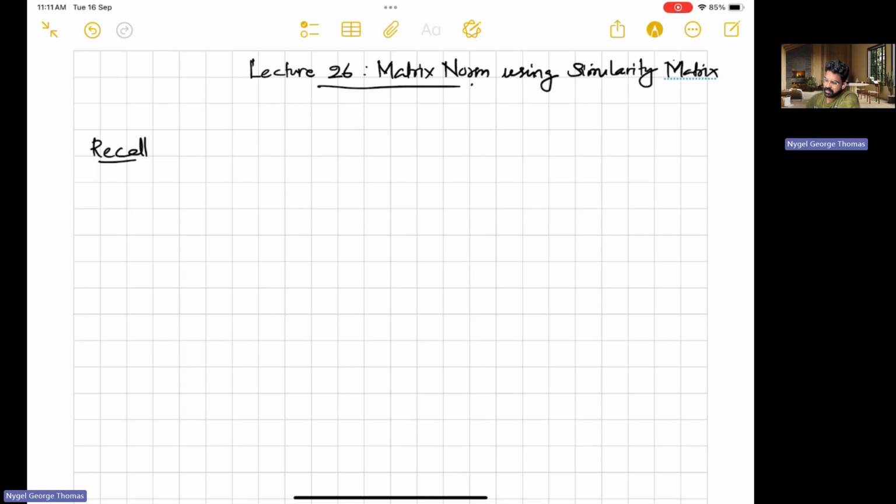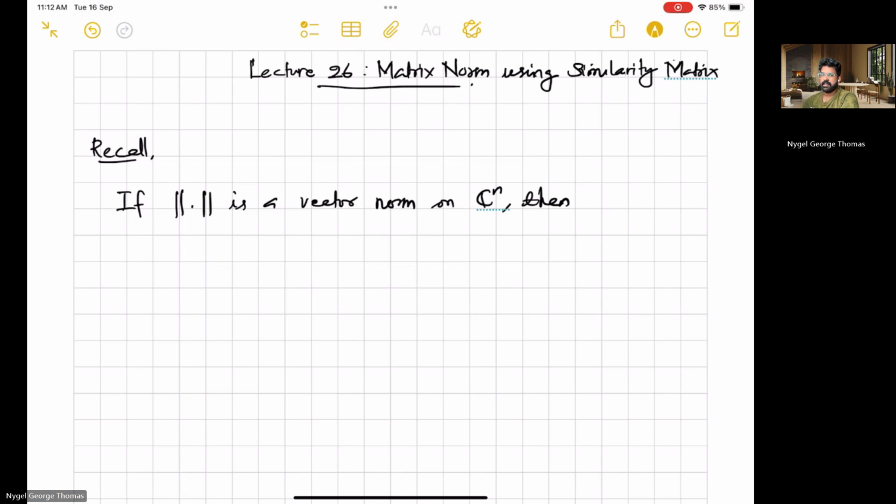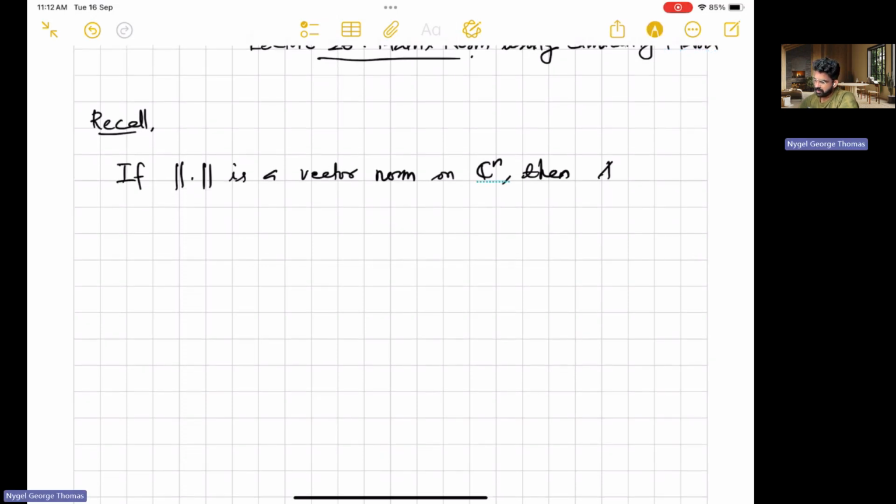So let's recall. We've already discussed for vector norms that if this function is a vector norm on Cn, then if A is non-singular, we can define a new vector norm, such that it is the norm of Ax.